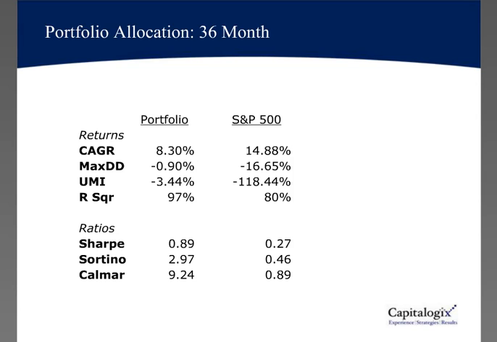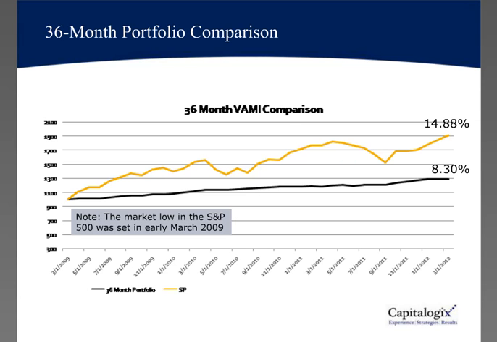R squared is just a formula that looks at the stability of a line. The more erratic it is, the lower the number; the more stable it is, like a perfect 45-degree angle, the higher the number. So what we're looking for in some of these numbers, R squared in particular, is the higher the number, the more stable the equity curve. So here is the portfolio.